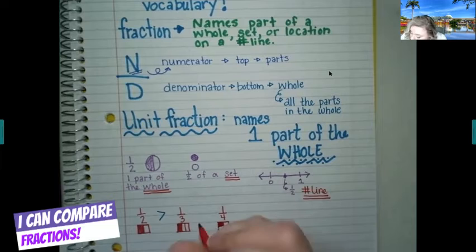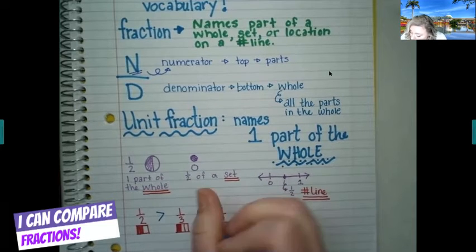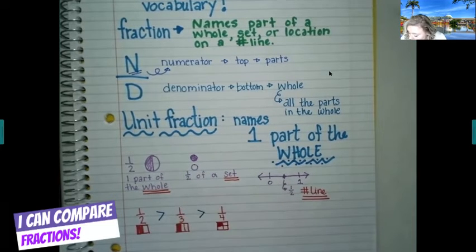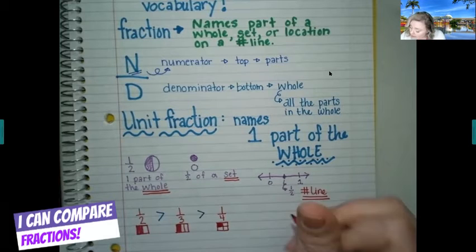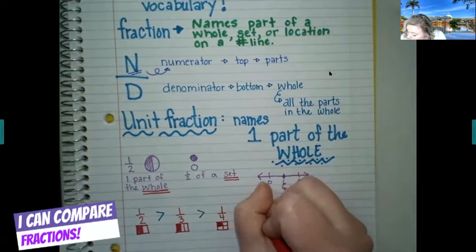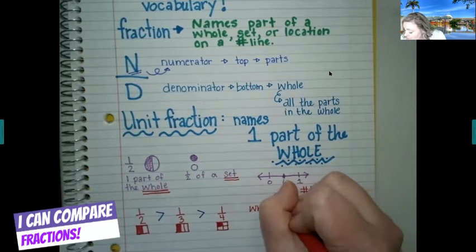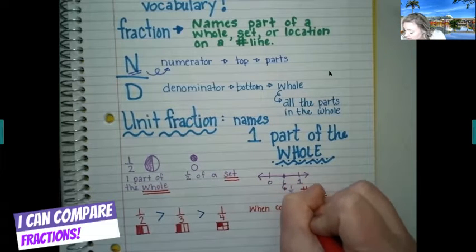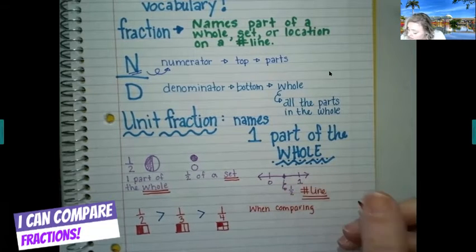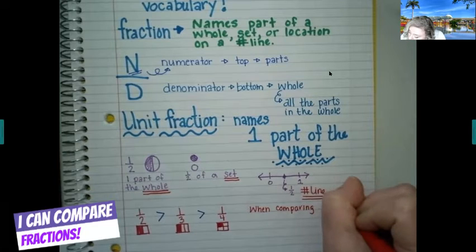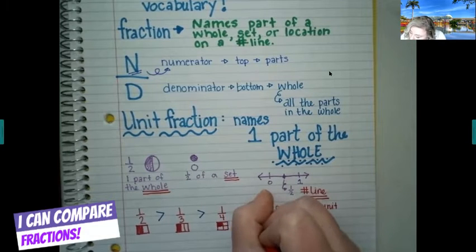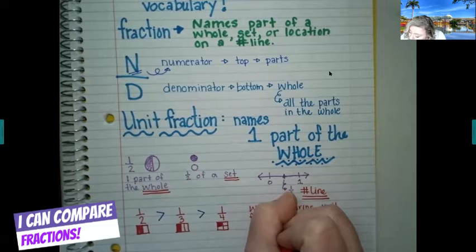Okay, so I know that 1/3 is greater than 1/4, which leads me to believe that when we're comparing unit fractions, the smaller the denominator, the bigger the pieces. So I'm going to write that. When comparing unit fractions, this also goes for the same as if the numerators are the same.